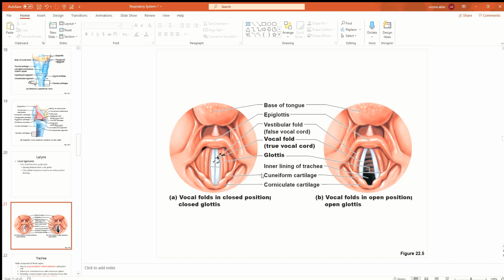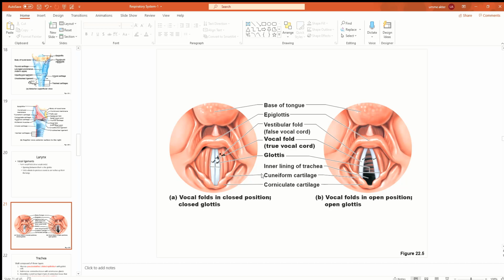Now, when you talk, these vocal cords move, get relaxed and stiff, and sometimes you'll see the opening between these two vocal cords get larger, sometimes they get small, sometimes they get closed.